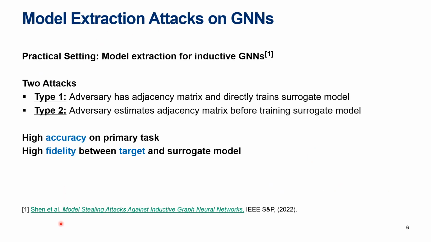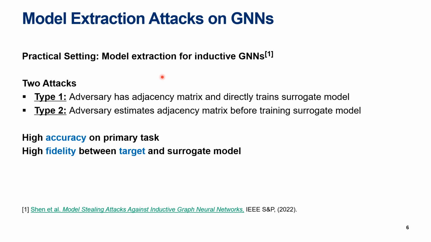Recently, Shen et al. have shown that model extraction attacks are also possible on GNNs, specifically inductive GNNs, and they showed two different types of attacks. In type 1 attack, the adversary has access to both the adjacency matrix, which contains the information about the edges in a graph, as well as the node features, and directly trains the surrogate model.